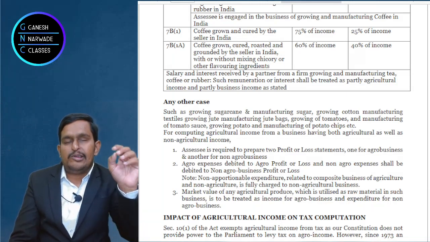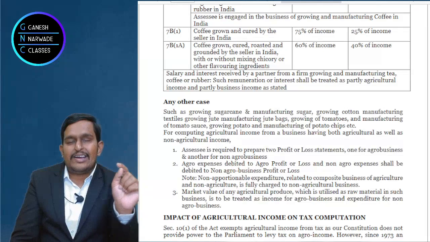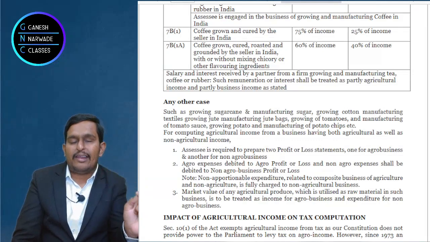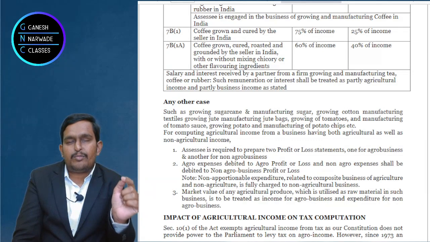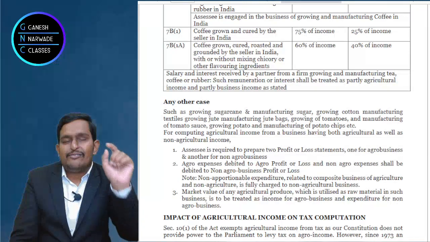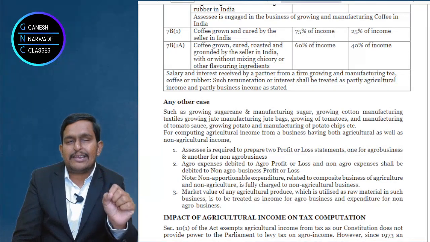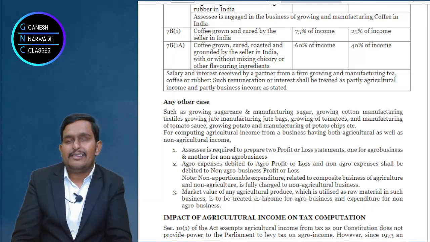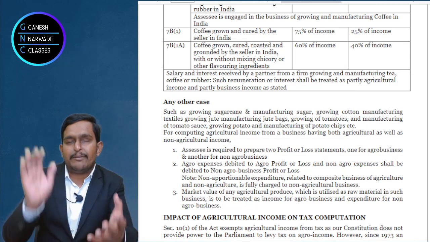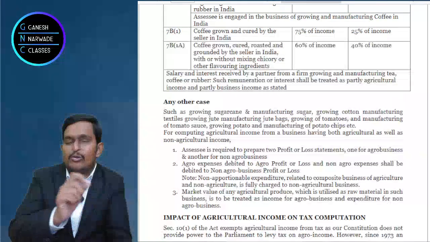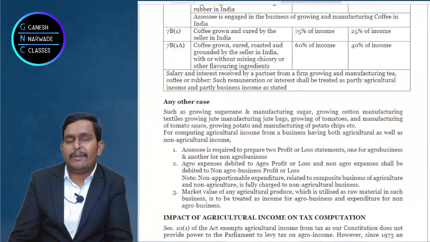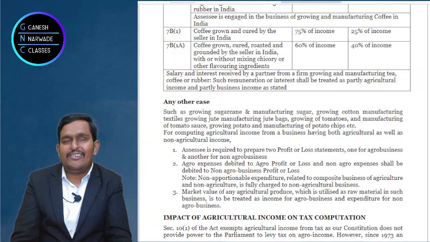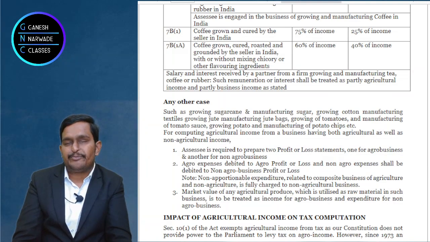So the person who is doing agricultural activity, the sale of agricultural produce as it is, or use of agricultural produce in industry, will become the revenue. The fair market value will become revenue for agriculture on the credit side. Yes sir, simple. And the items which are agricultural used for industry will become the cost. The fair market value will become the cost to the industry person, right? And this way we will actually compute.